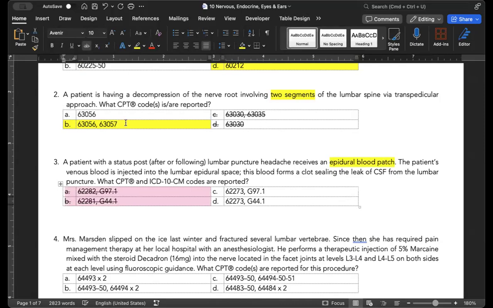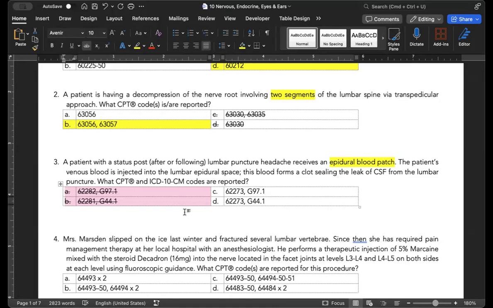And then let's go to our ICD-10 and decide, do we need G97.1 or G44? G97.1 is other reaction to spinal and lumbar puncture.